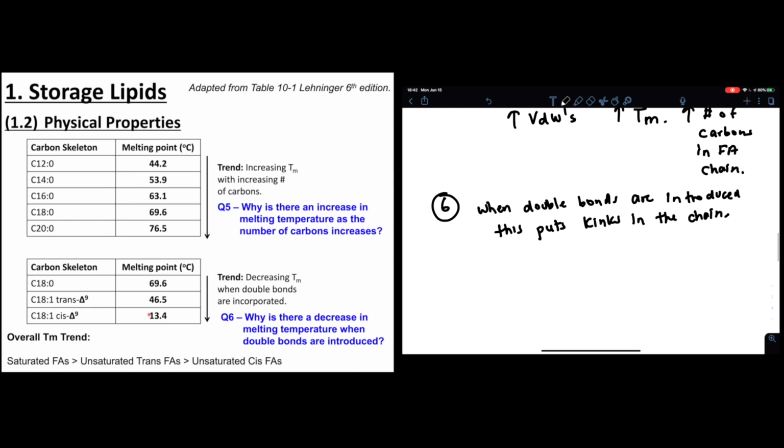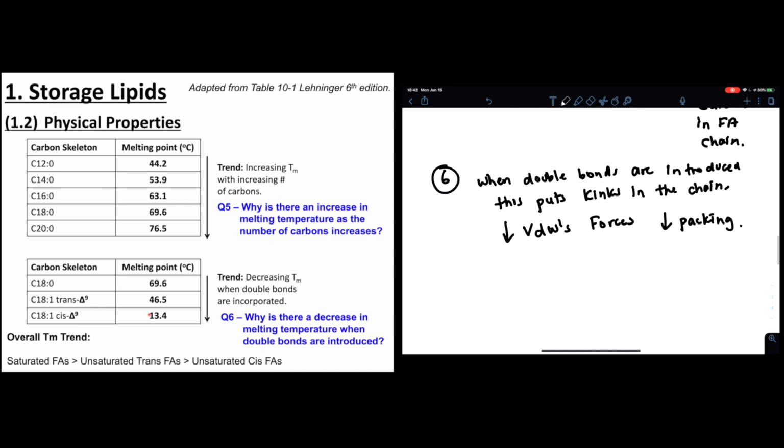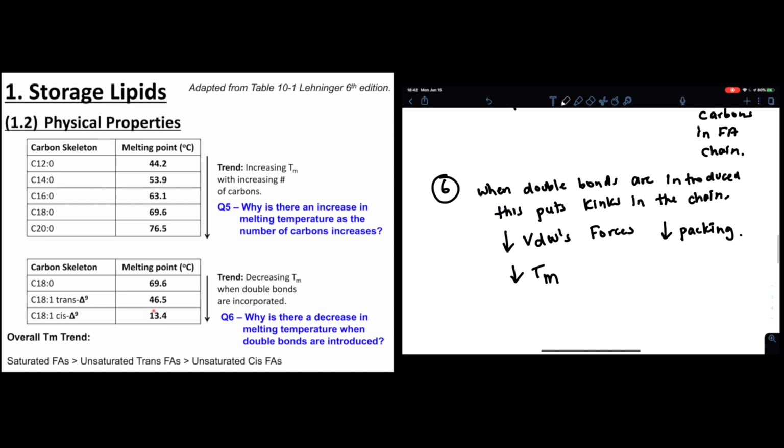It puts kinks in the chain, and therefore you're going to lower the amount of van der Waals forces. And this is due to less packing, right? So less packing together of fatty acids. And the overall result, when you lower those van der Waals forces, is it's going to decrease the melting temperature. Okay? So that's our answer to question 6 then. That's why we see a big decrease.